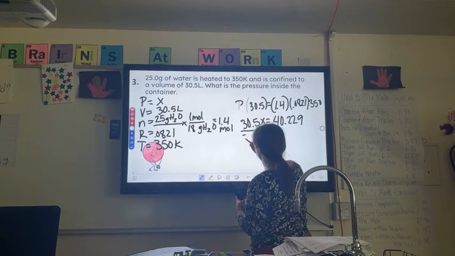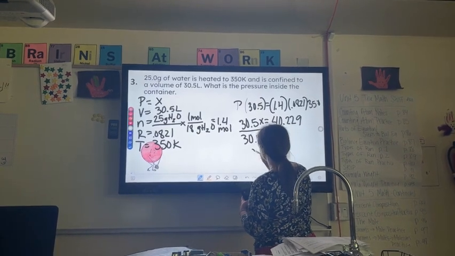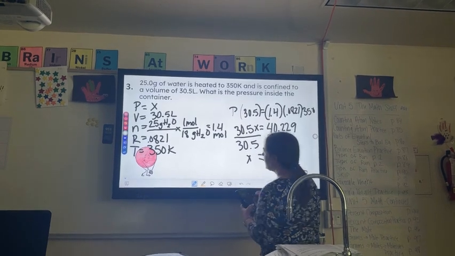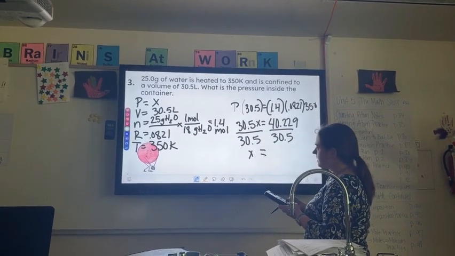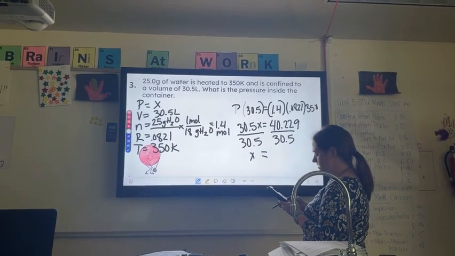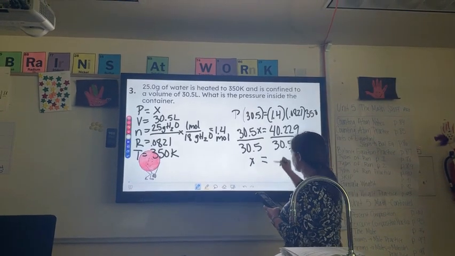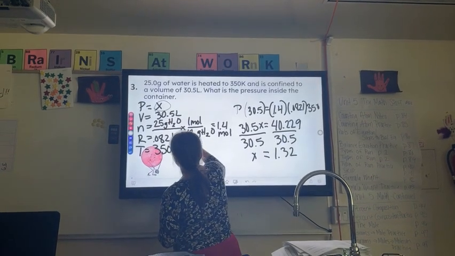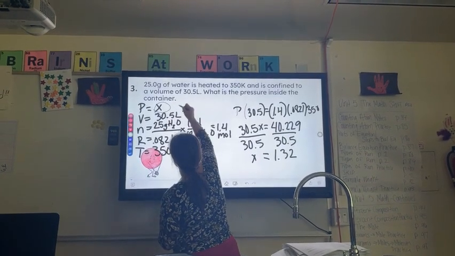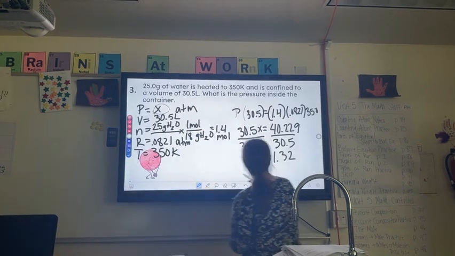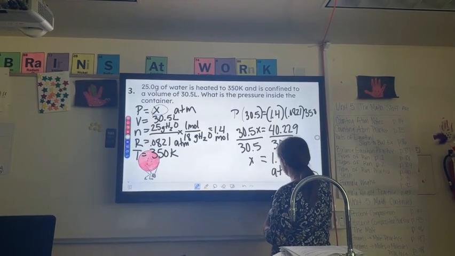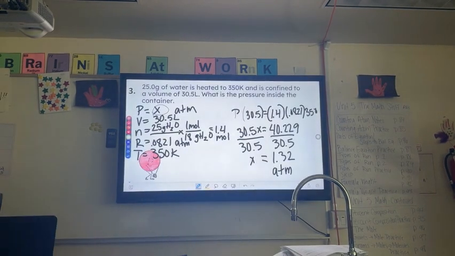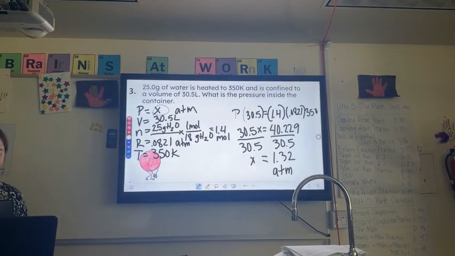Divide each side by 30.5. And our X is 1.32. And since our R was in ATMs, we're going to use ATMs for pressure as well. So 1.32 ATM. Okay, take a minute, check yours against mine, and we're going to do 1 more problem together.